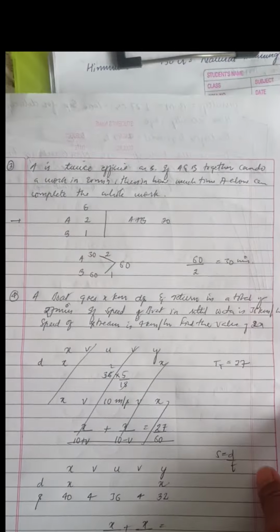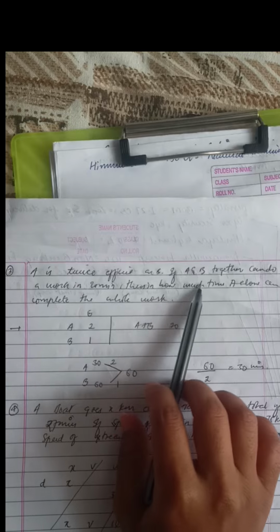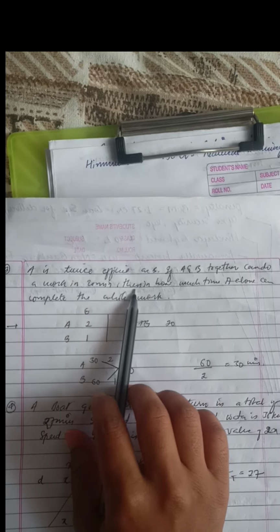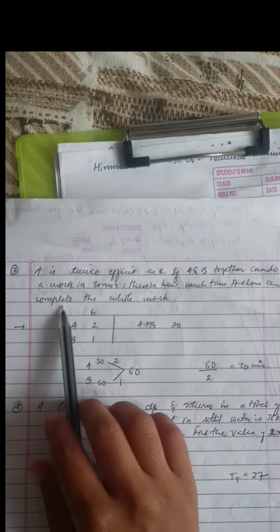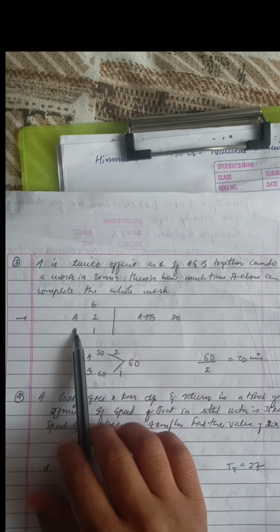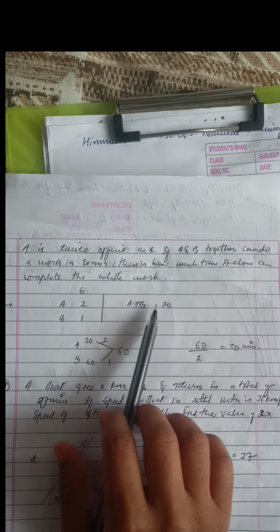Then this is the next question. A is twice as efficient as B. If A and B together can do a work in 20 minutes, then in how much time can A alone complete the whole work? Okay, so they had given the efficiency ratio of A and B as 2 and 1 respectively, and they together can complete the work in 20 days.